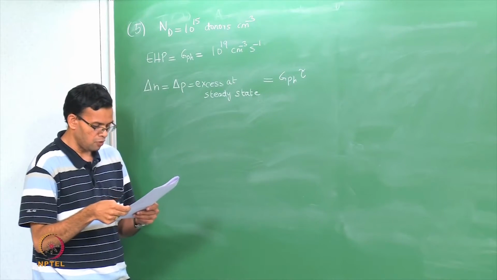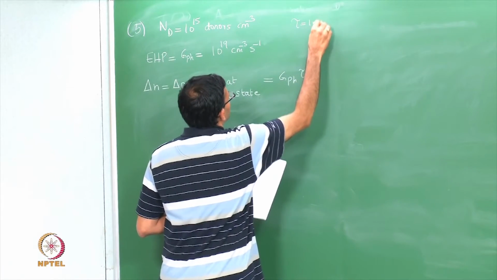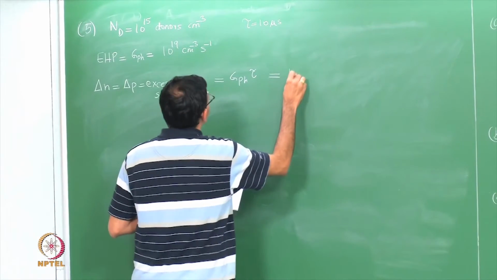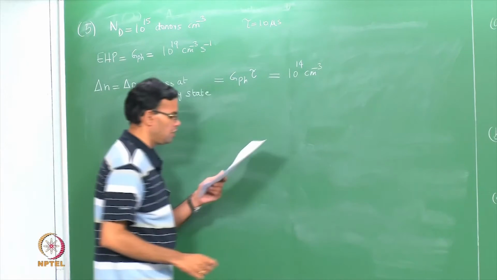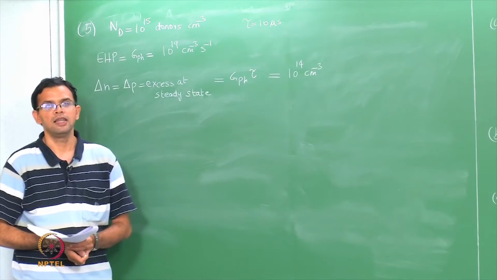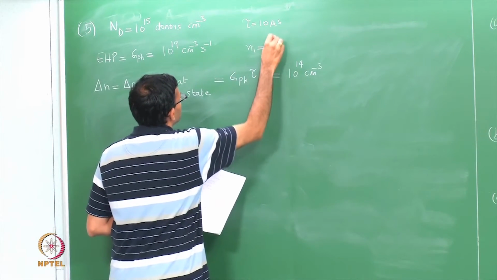The value of tau is also given: tau is 10 microseconds, so this is equal to 10 to the 14 per centimeter cube. Nd is 10 to the 15, this is silicon, so Ni is 10 to the 10.